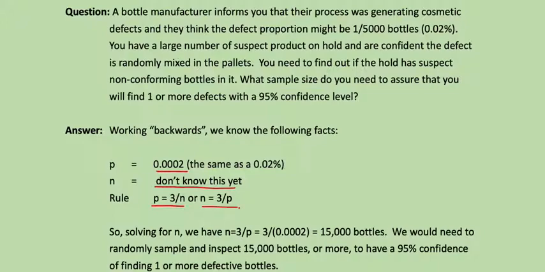Solving for n, we have n equals 3 over p, 3 over 0.0002, and that implies that 15,000 bottles would have to be randomly sampled and inspected to have 95% confidence of finding one or more defective bottles. So this can also help determine not just risk given a certain sample size, but also a sample size given an estimated defect level.